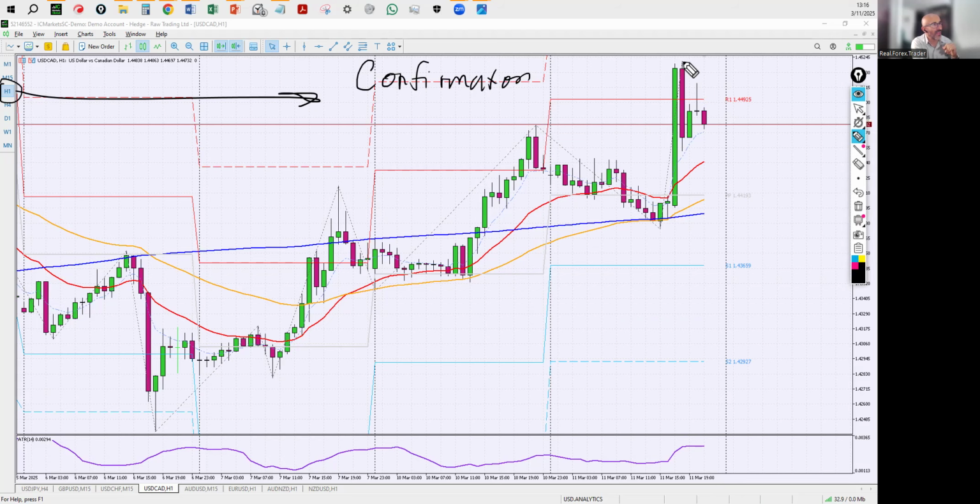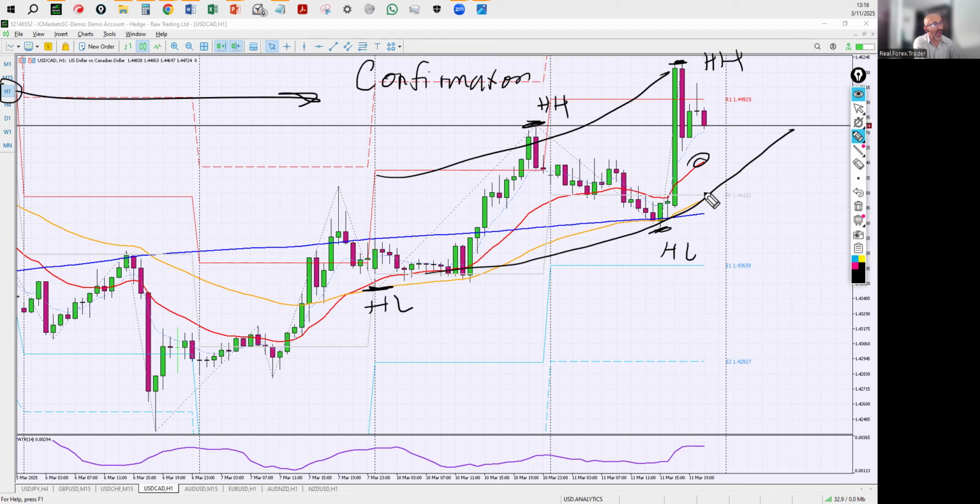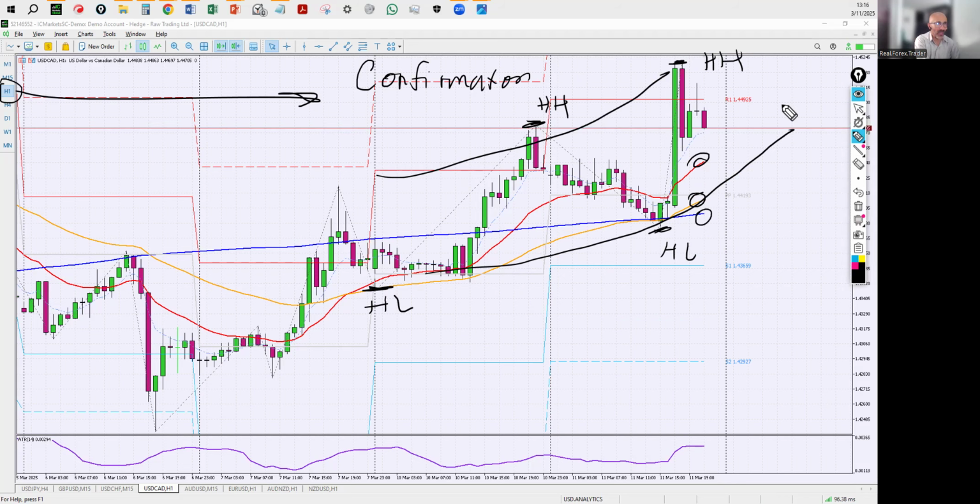I can see that the current higher high is higher than the previous high, and the current higher low is higher than the previous higher low. So it means that it is going up, as in the highs and in the lows. Another thing to observe in here, my EMAs are going up as well, okay? So that is a nice observation there.